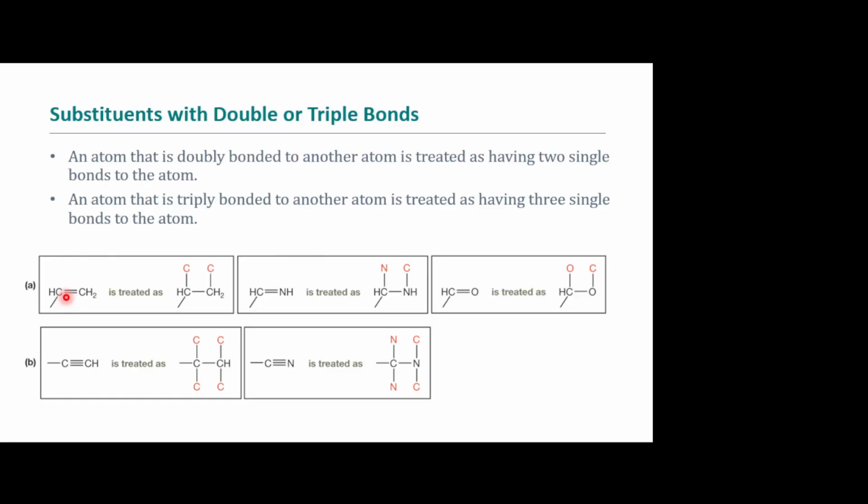Another way of thinking of that is because of the double or triple bond, we don't have as many groups attached, and so those slots will be taken up by whatever the double or triple bond is attached to. So for example, this carbon here is going to count as if it has 2 carbons attached directly to it and a hydrogen. And so we'd go down the priority, carbon, carbon, and then hydrogen as we compare things round robin.